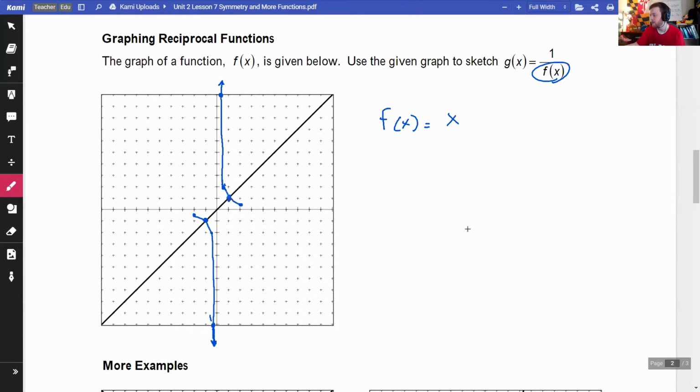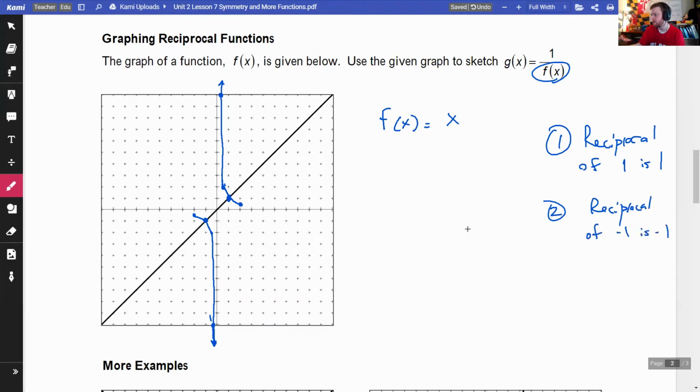All right, so let me write these steps down. When you reciprocate 1, it was 1. Reciprocal of 1 is 1. And similarly, the reciprocal of -1 is -1, right? But when you reciprocate 0, we're going to get undefined, and we're going to put an asymptote there. So the reciprocal of 0 is undefined. I don't want to say it is an asymptote, that wouldn't make any sense.